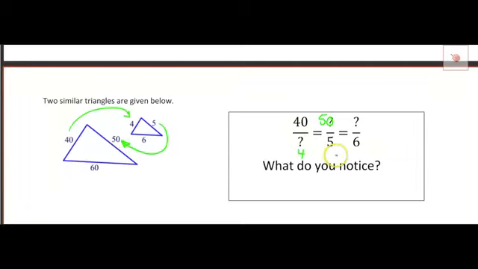When you set up these proportions or these ratios, you have to compare them in the same order. So I've got the large compared to the small, the large compared to the small. So what would be the numerator for the fraction over here at the end to show the ratio where the denominator is 6? Well, 6 corresponds to 60.